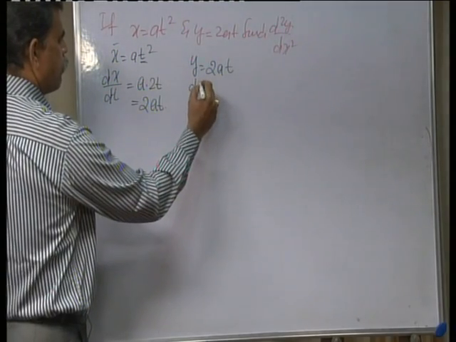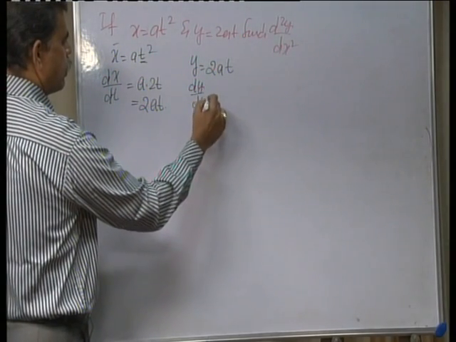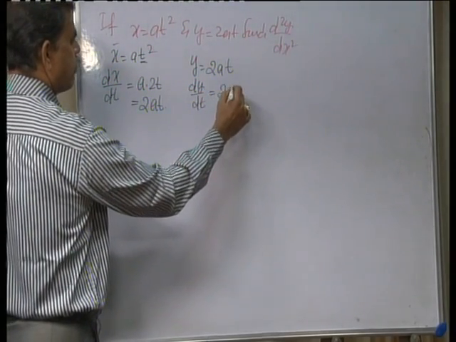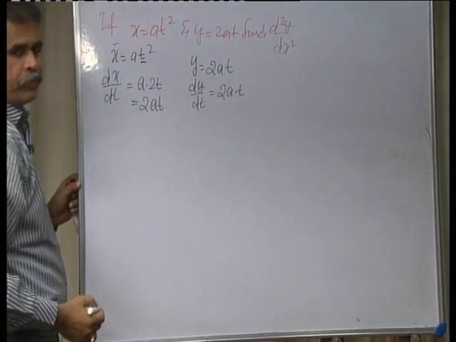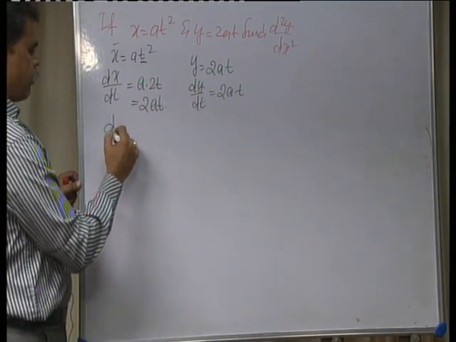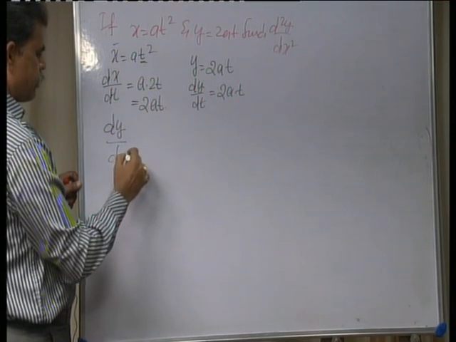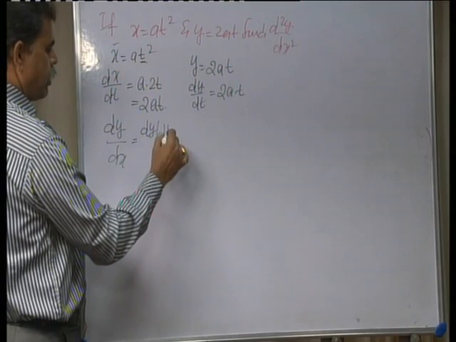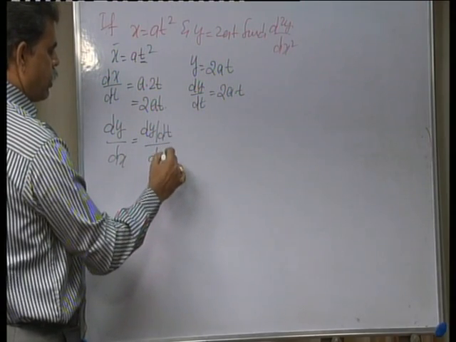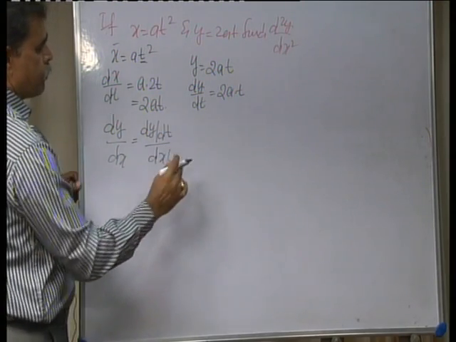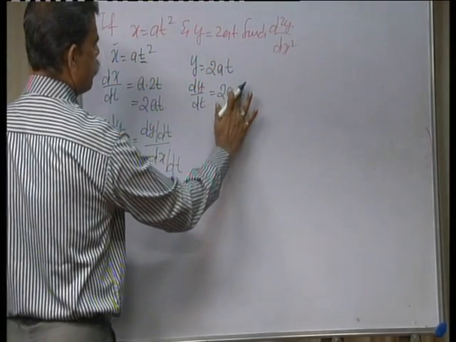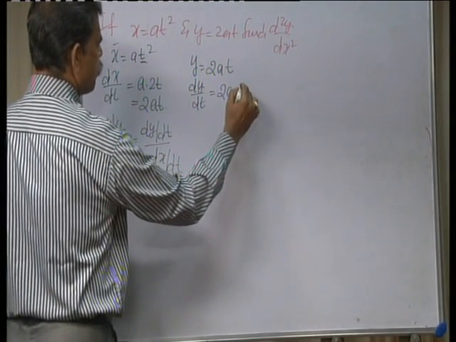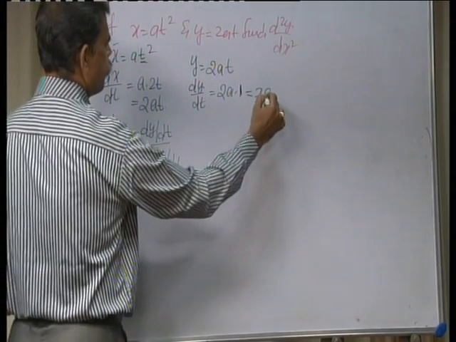What we get? We get dy by dt, so dy by dt is 2a. Therefore, dy by dx is equal to dy by dt divided by dx by dt.